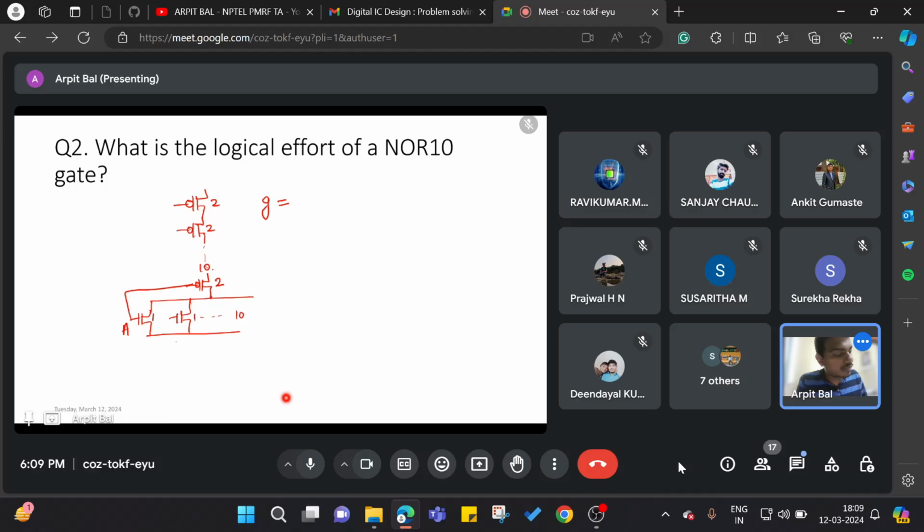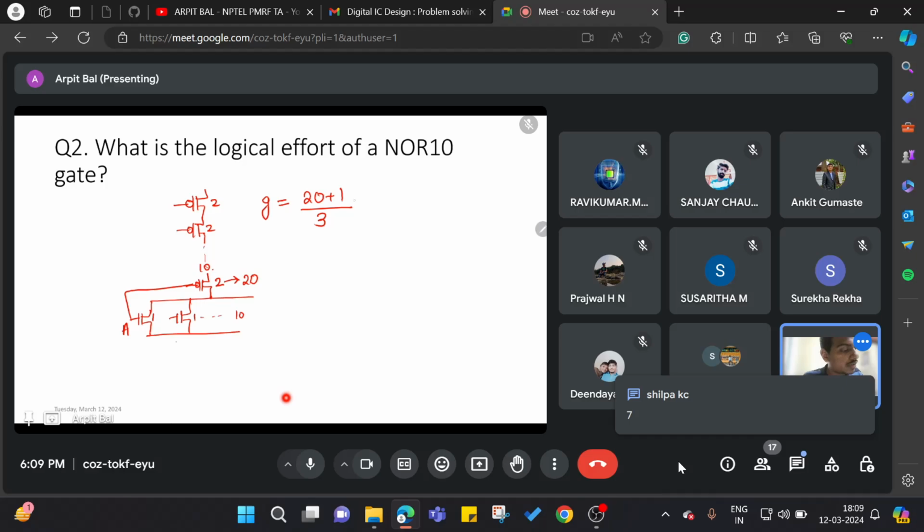But after sizing, the PMOS is going to be 20 because we will multiply the width by a factor of 10 so as to decrease the resistance by a factor of 10. So we will have G equals 20 plus 1 by 3. So 3 is the reference inverter's logical effort. So we will be arriving at this number as 7.